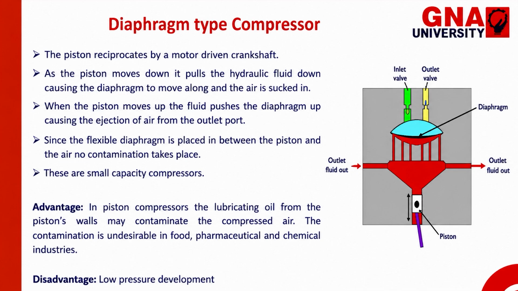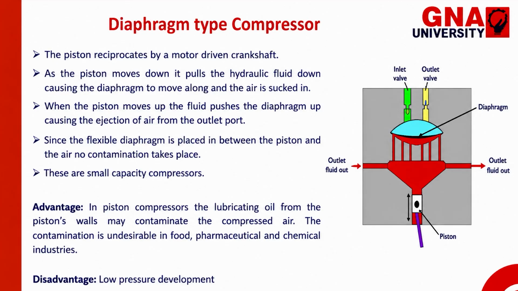As the piston moves down, it pulls the hydraulic fluid down, causing the diaphragm to move along, and the air is sucked in. You see at the top, the green path shows the air inlet, and the yellow path shows the air outlet. The red color is the fluid.